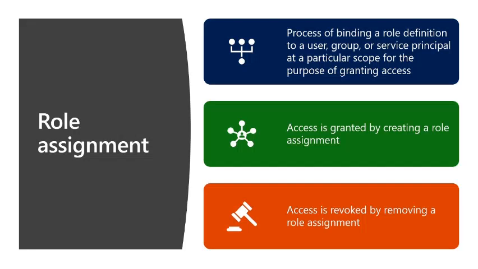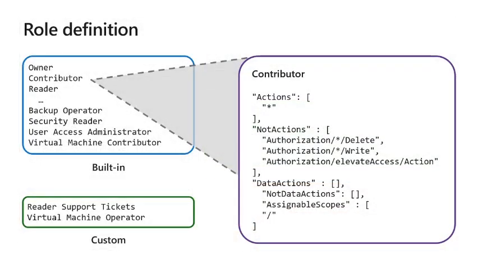So here I said actions star means all, but then the priority goes to not actions, and in not actions I said authorization to delete, all to delete. I don't have authorization, I cannot delete, so not actions will take priority and I don't have access to delete anything.